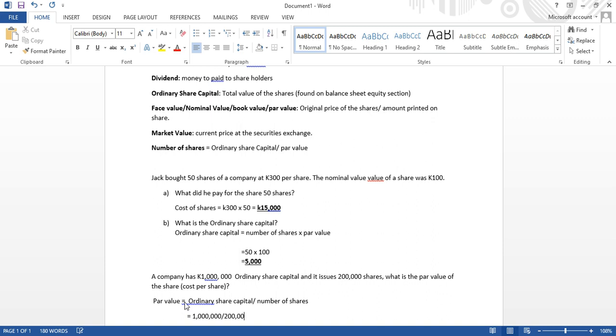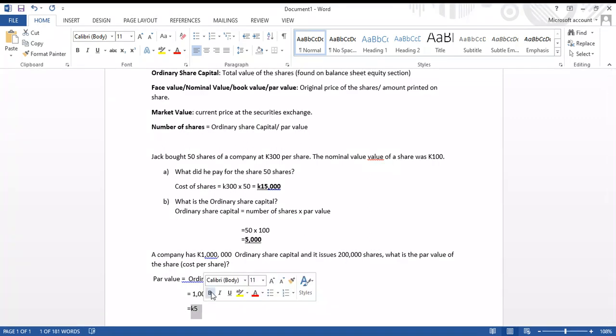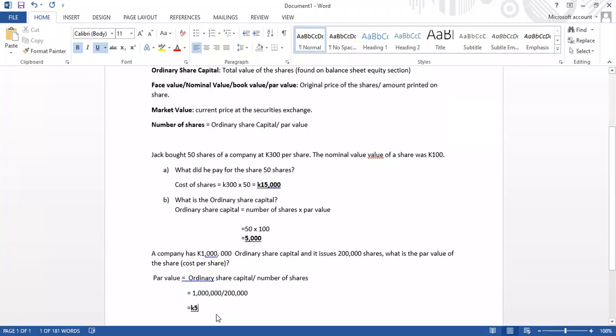The total value of these shares is 1 million. There are 200,000 of these shares. So 1 million divided by 200,000 is 5 kwacha.